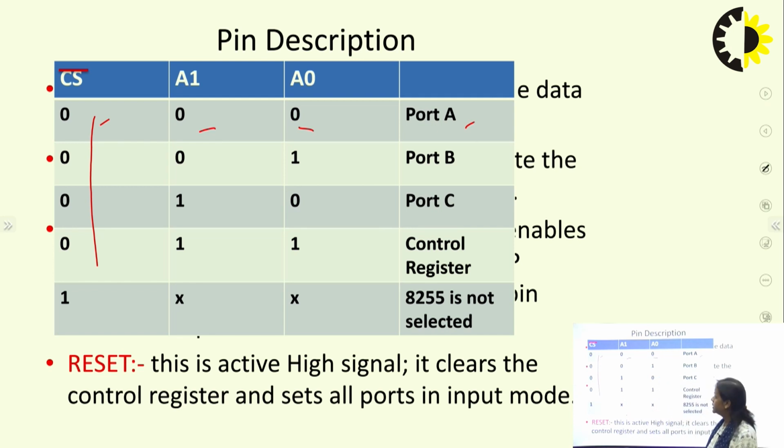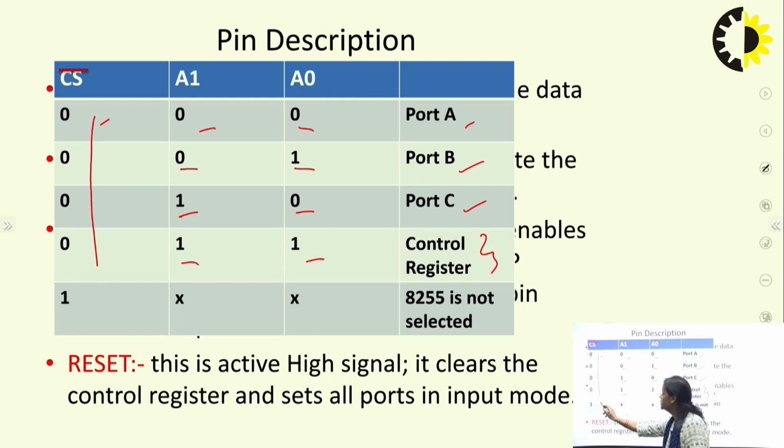If A1 is 0 and A0 is 1, it means we are selecting port B. If A1 is 1 and A0 is 0, we are selecting port C, and if both are 1, it means we are selecting the control register. And the last one, where the chip select is 1, it means 8255 is not selected.